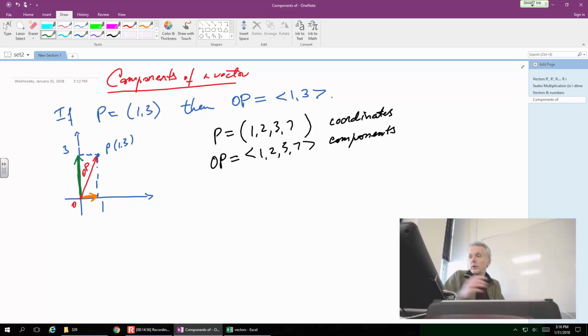Because if I add those two vectors, say this is A and this is B, then A plus B is our vector OP. So we decompose every vector into the sum of two vectors that have particular directions, usually along the axes that were chosen ahead of time.